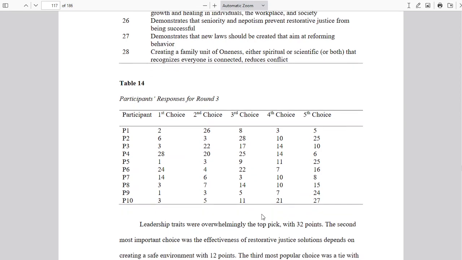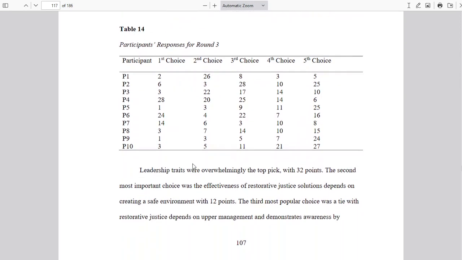And then leadership traits were overwhelmingly the top pick with 32 points. So when it comes to effective restorative justice solutions, leadership traits were the most important.